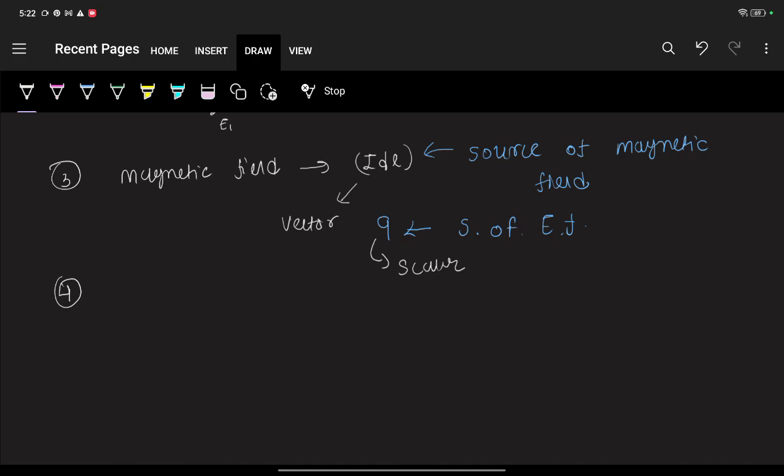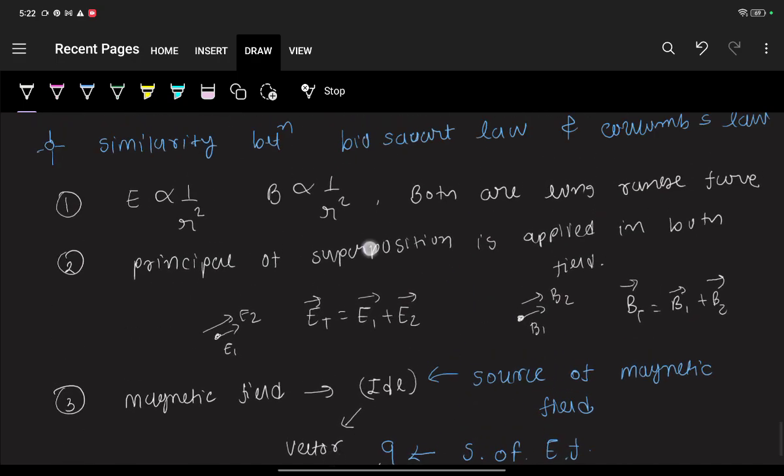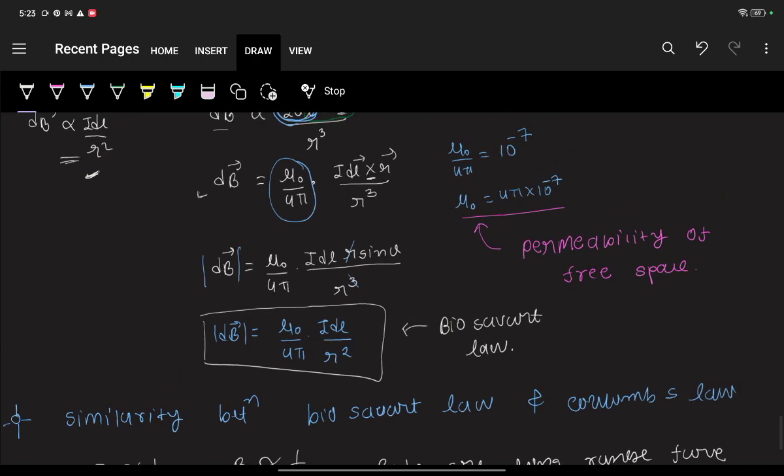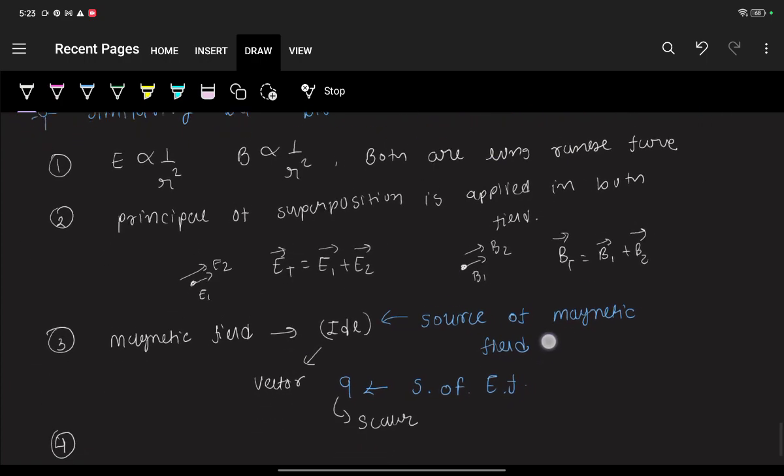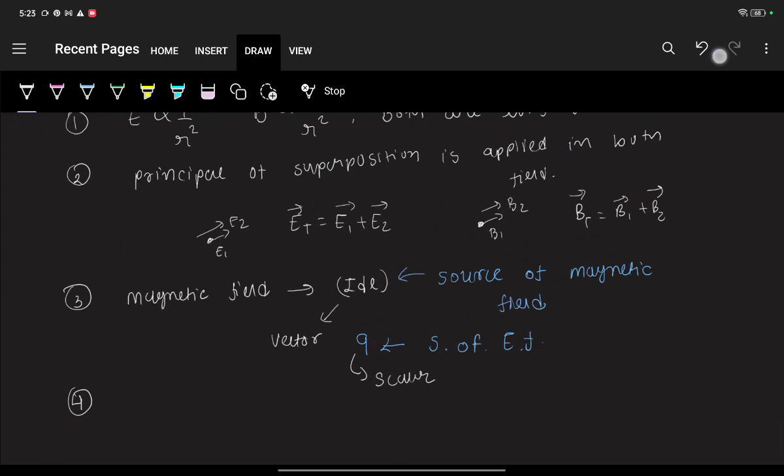And you can see there is this angle dependence. Magnetic field depends on this angle, while the electric field does not depend on any angle. So these are the similarities between Biot-Savart law and Coulomb's law.